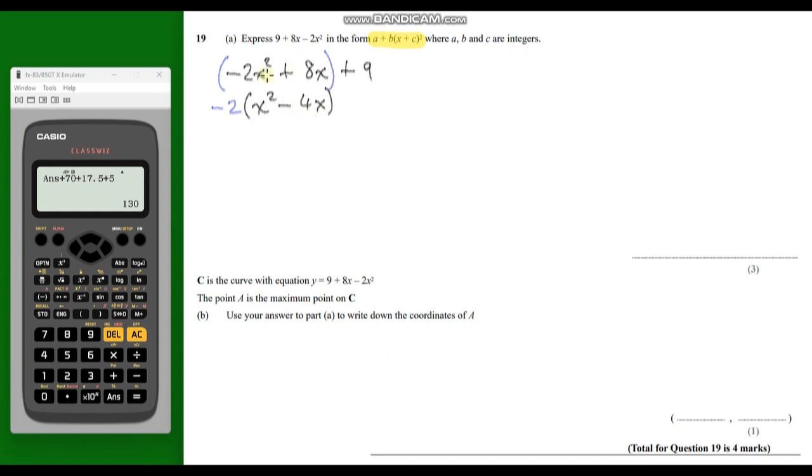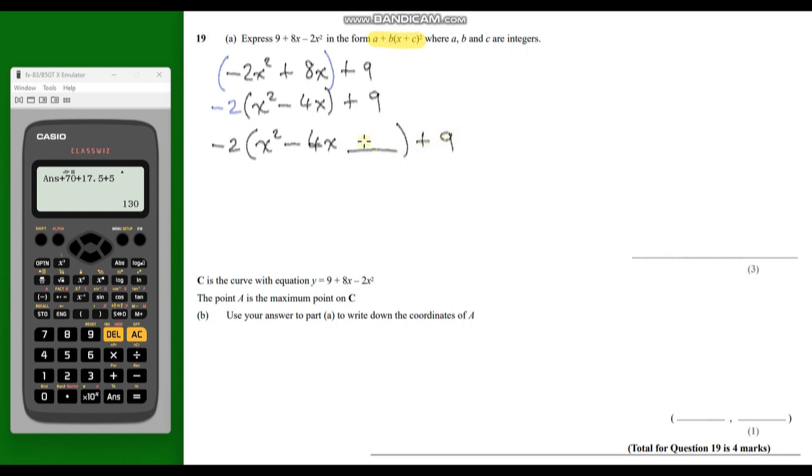So this bit that I've put in brackets is exactly the same as this. I've just factored out a negative 2, and then we've got plus 9. And now we can complete the square. So we've got negative 2, and then x squared minus 4x. I'm just going to leave a space so that I can complete the square, and then put plus 9.